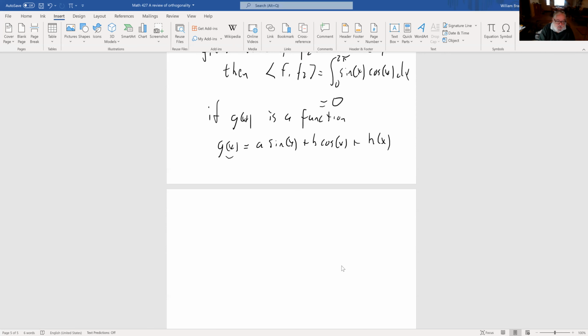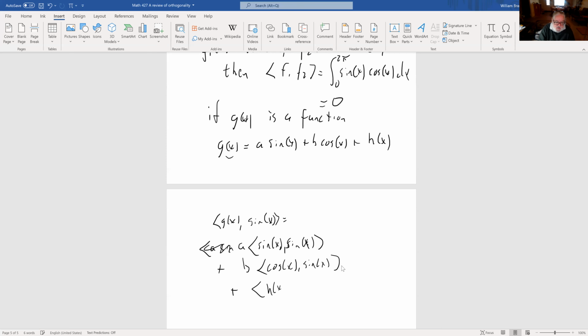The inner product of g of x with sine x is the inner product of a sine x plus b cosine x plus h of x, with sine x.